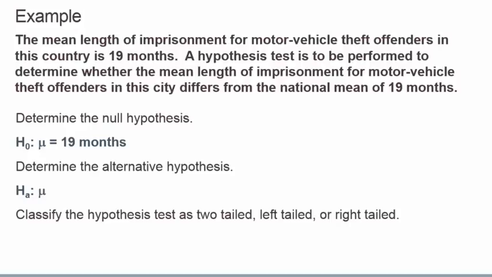We want to show that the mean length of imprisonment for motor vehicle theft offenders in this city differs from the national mean of 19 months. Differs means not equal to 19 months. The alternative hypothesis is H sub A: mu does not equal 19 months.